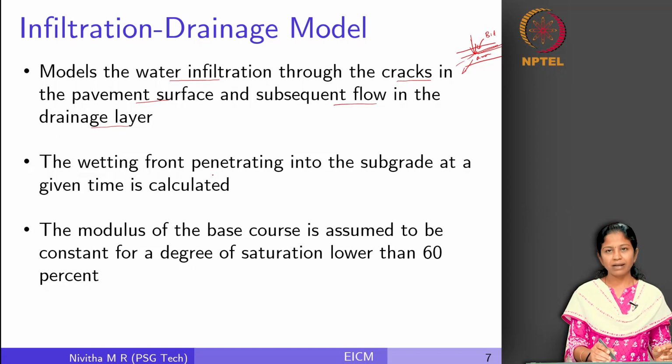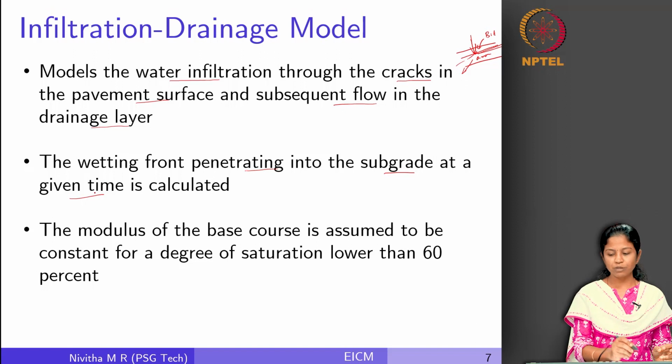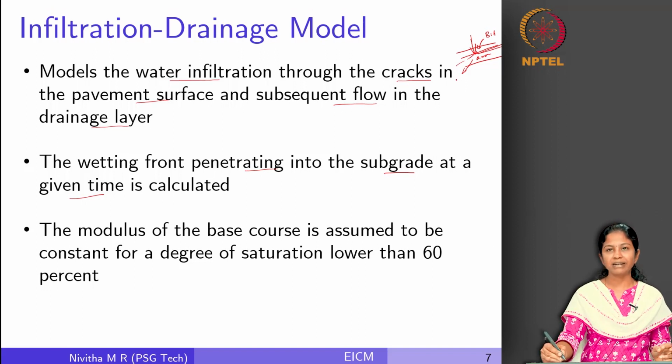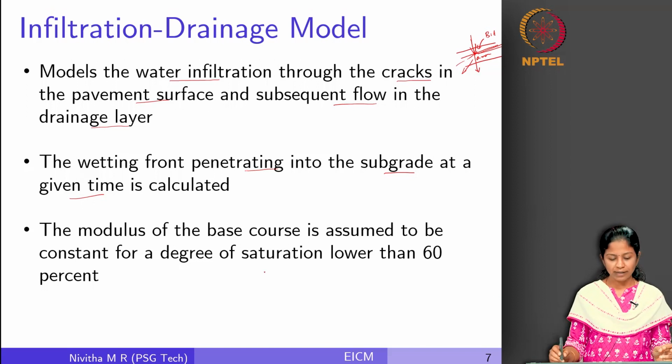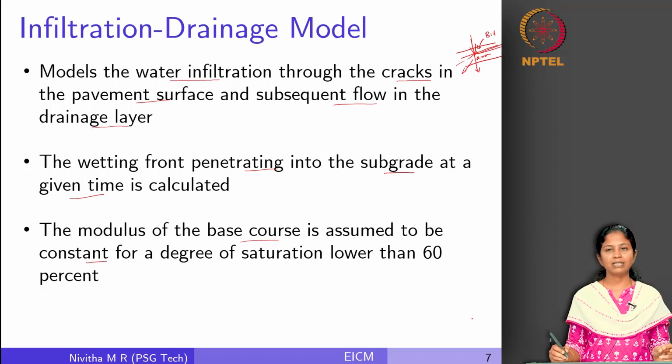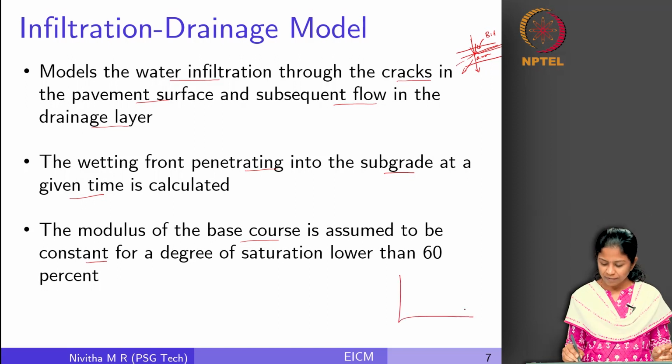The wetting front, that is the amount of water penetrating into the subgrade at a given time, is also calculated if it is not properly drained off, or even in this case how much of water can penetrate into the subgrade, that is also calculated. So, the modulus of base course is assumed to be constant for a degree of saturation lower than 60%. In the last lecture we saw the variation of MR by MR optimum, S by S optimum.